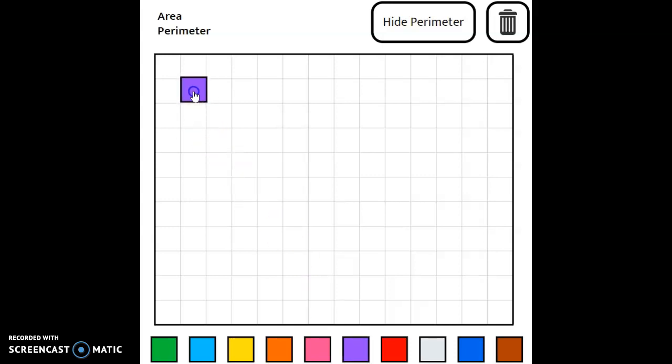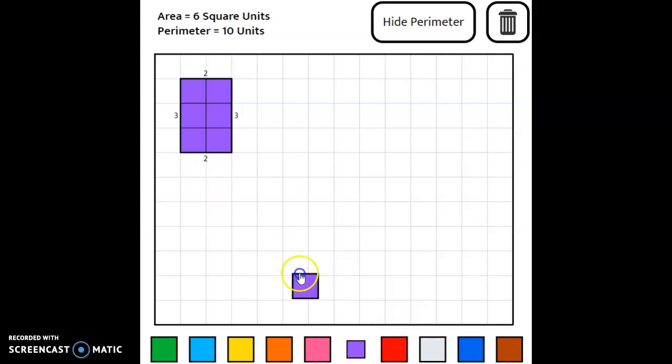So I can build, just like our area models in multiplication, I can build a 2 times 6 shape. I wish I could drag these over faster. That's okay though. Oops. Alright, so keep going.